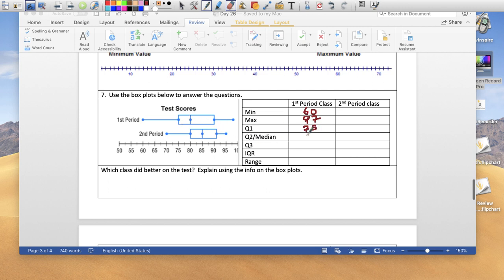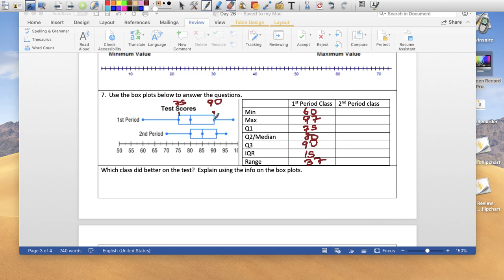The median is 80. The Q3 here looks like 90. The IQR, which is Q3 minus Q1, is 90 minus 75, which is 15, and the range, which is the max minus the min, 97 minus 60, is 37.